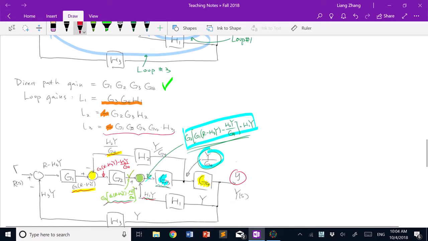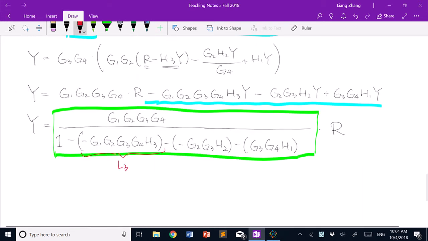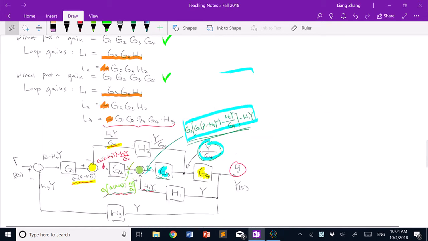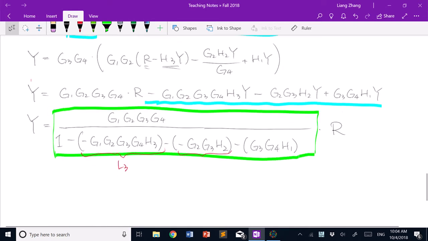That's your loop gain of L3. This is L3. And minus G2, G3, H2. Do we have it? Minus G2, G3, H2. We have it here. This is my loop gain number 2. And G3, G4, H1. We have G3, G4, H1 here.